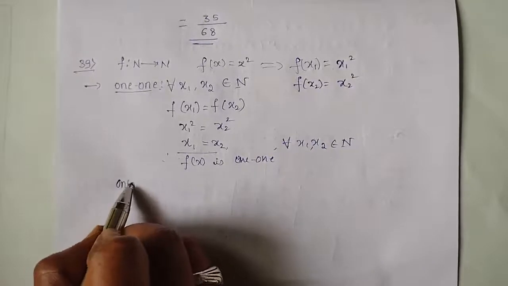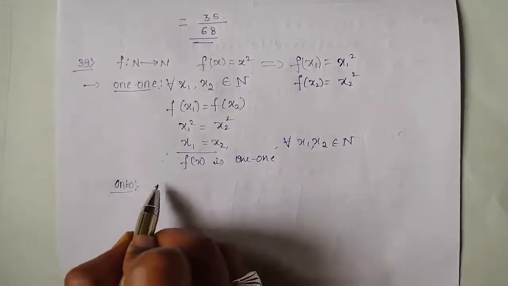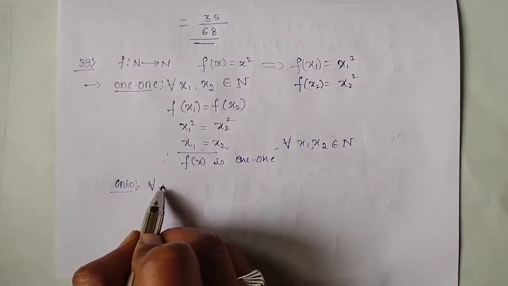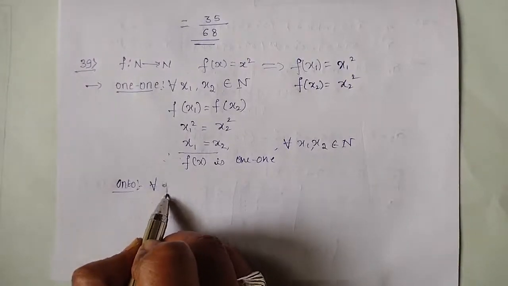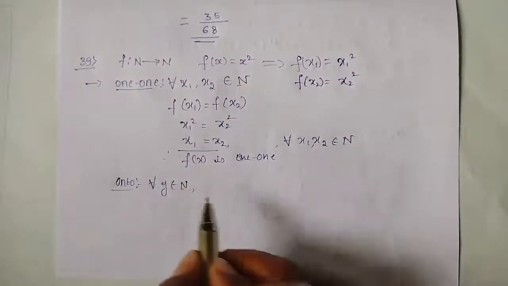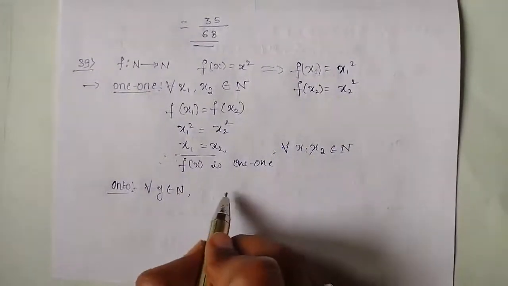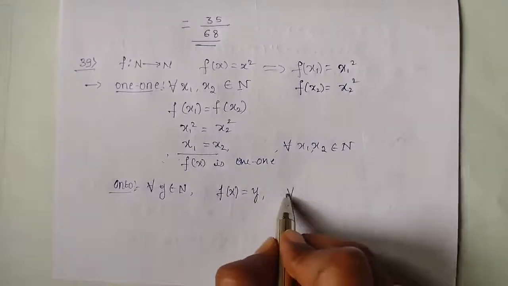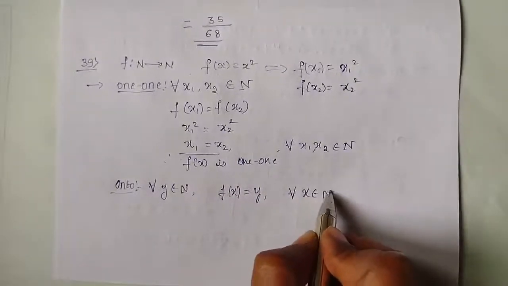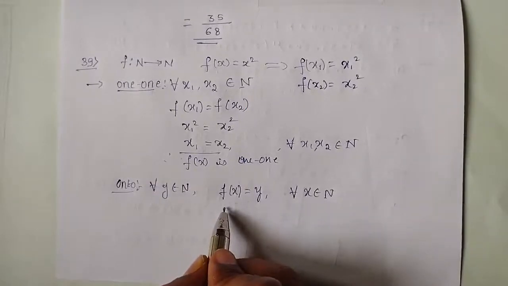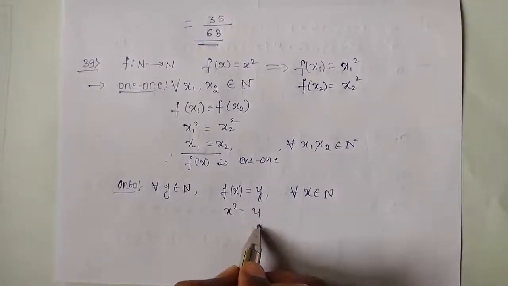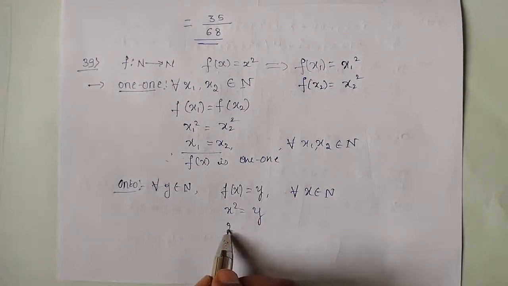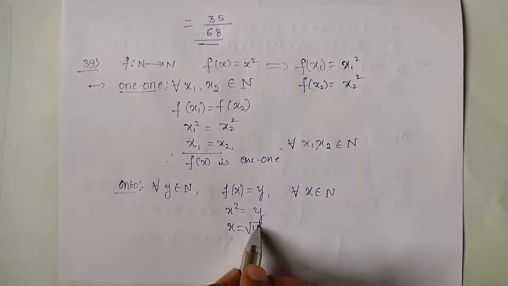How to prove onto: for all y belongs to N, f of x is equal to y for some x belongs to N. f of x means x square is equal to y, so x is equal to square root of y.